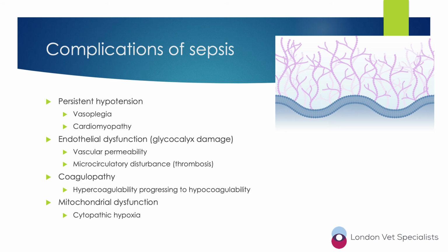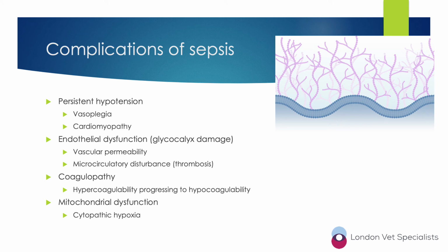But even despite the vasopressor therapy, often you still have a persistent hypotension, and this is because they have this vasoplegia syndrome where the vasculature just doesn't respond to the catecholamines anymore, and also the inflammatory mediators affect the heart, causing a cardiomyopathy, which means that the stroke volume and contractility of the heart may be reduced. They have damage to the endothelial layer of the blood vessels.